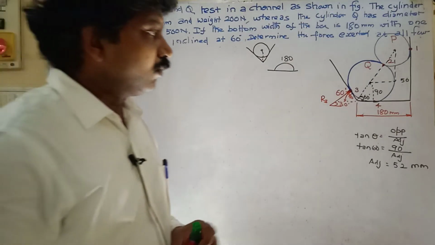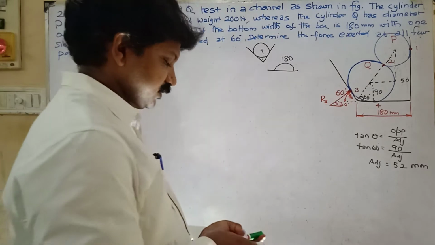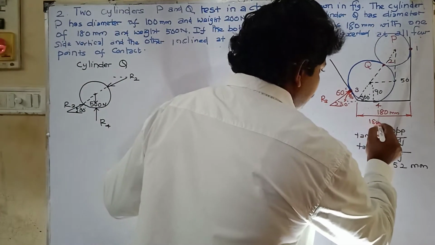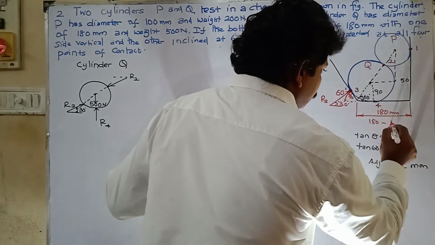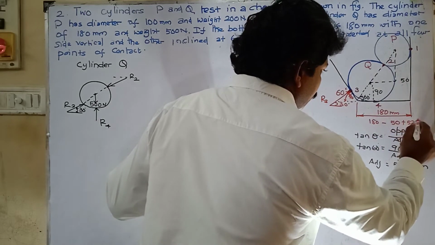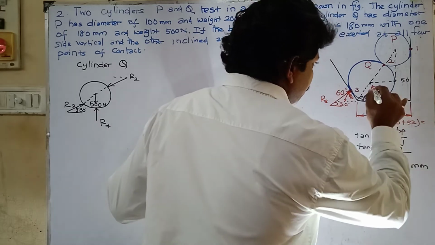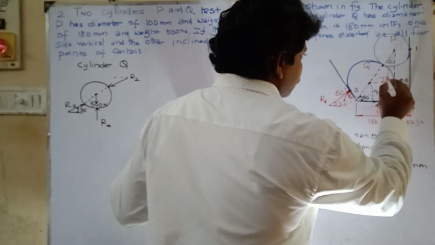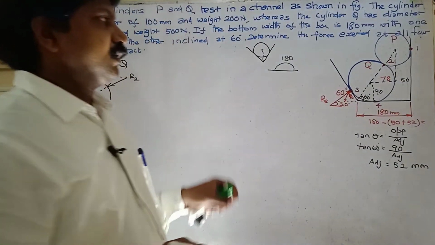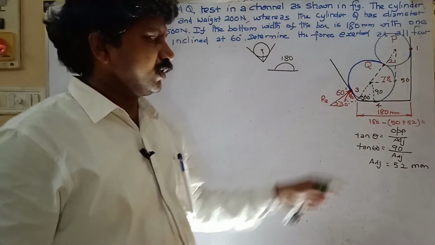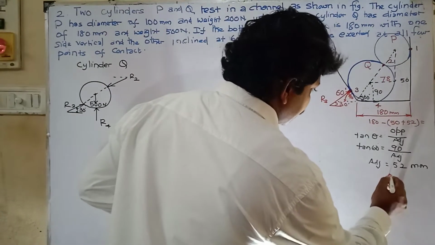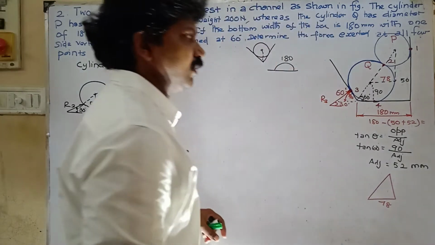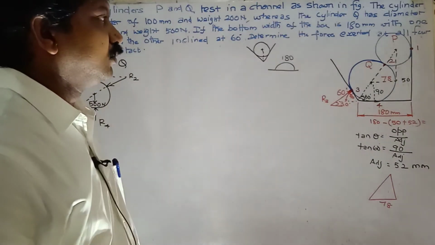So the total distance is 180, so 180 minus (50 plus 52) equals this distance, 78. This is the adjacent, equal to 78. The hypotenuse equals the sum of the radii of the two cylinders.